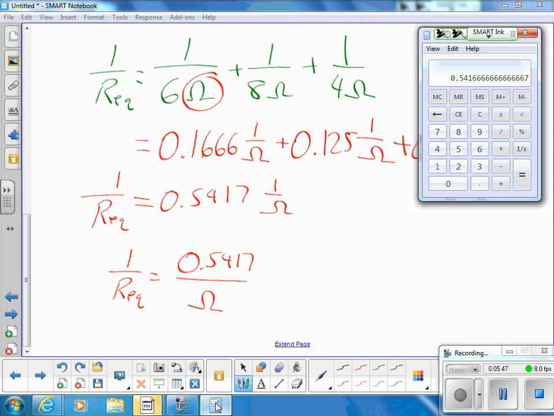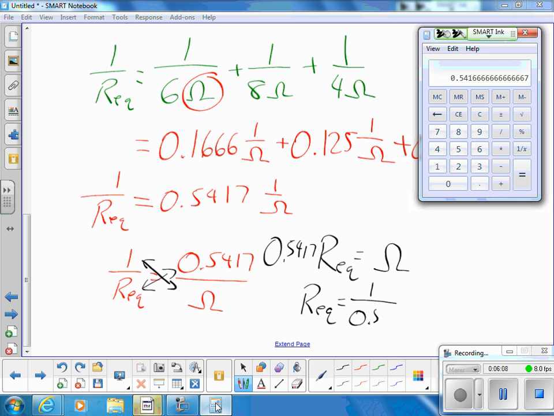I'm looking for REQ, so I'm going to cross multiply, and I get 0.5417 times REQ equals 1 times ohm. So REQ is 1 over 0.5417 ohms. That's what it comes down to.